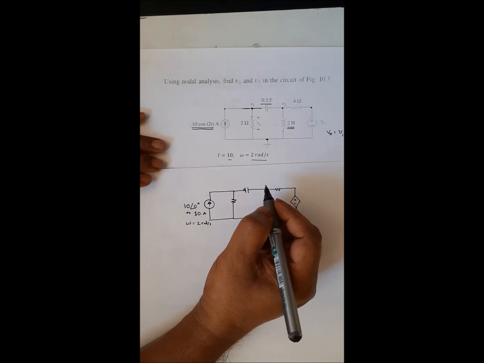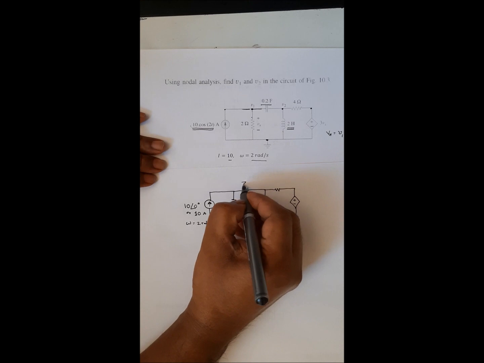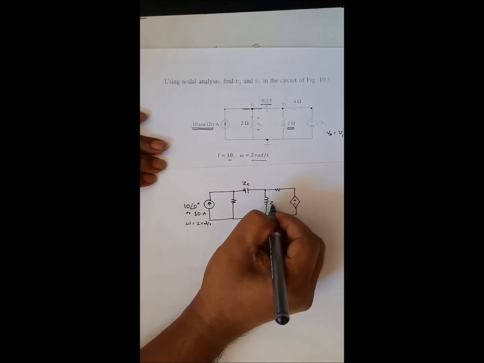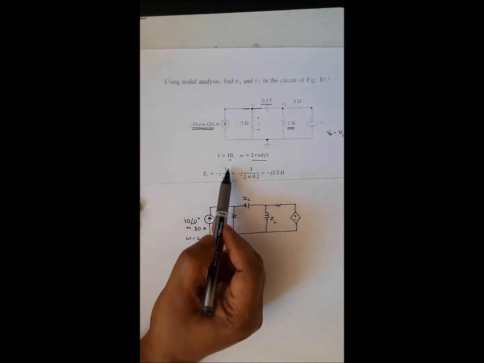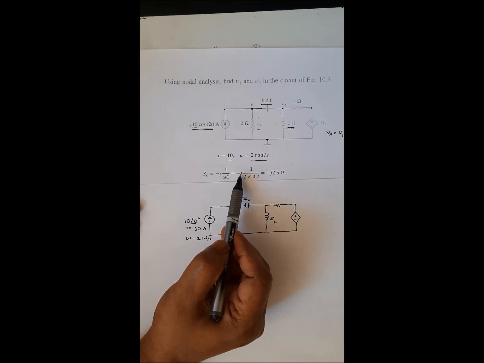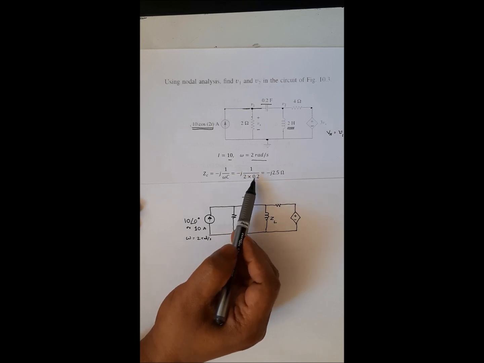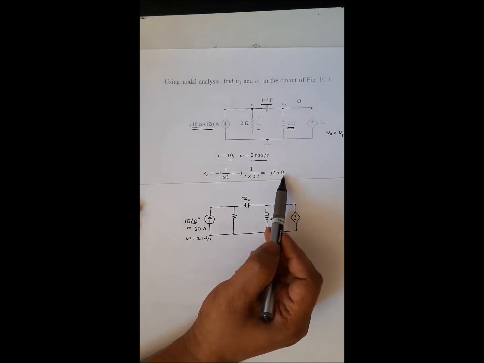Now we have to find the impedance of this capacitance and the impedance of this inductance. The impedance of the capacitance, ZC, is equal to 1 over j omega C. Here omega is 2 and C is 0.2, and you will get negative j2.5 ohms.